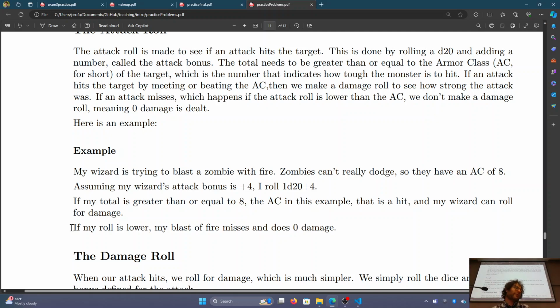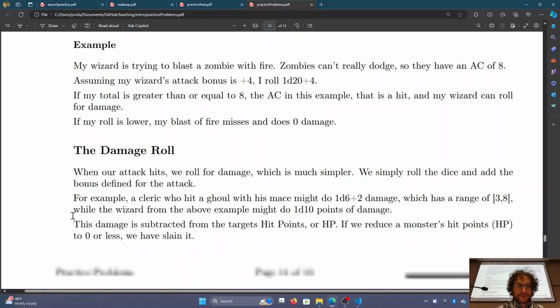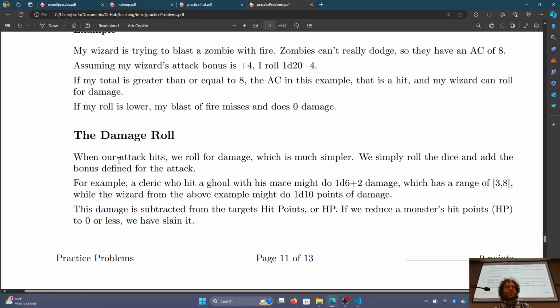We're always going to roll for an attack, but we're not always going to roll for damage. If we miss, that's no damage. Damage roll: once the attack hits, you roll for damage. There's no real kind of check on that. You just simply roll the dice and add a bonus again.